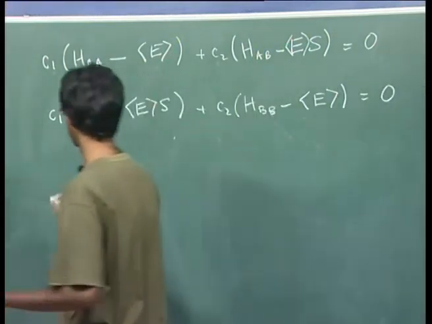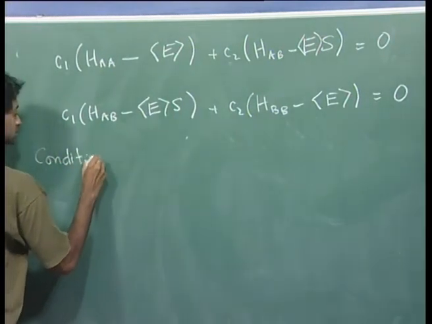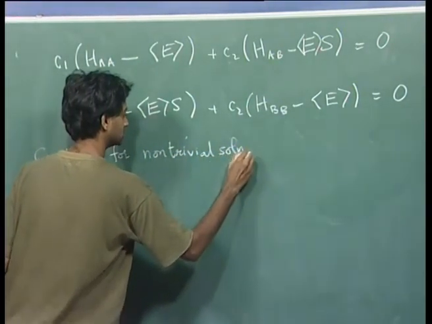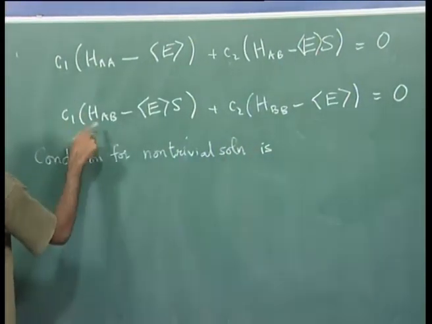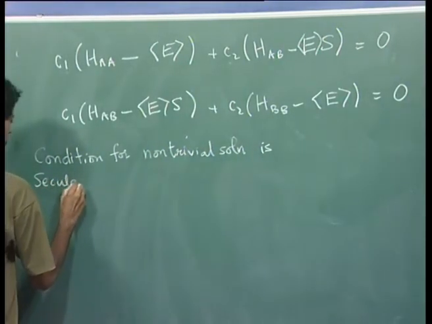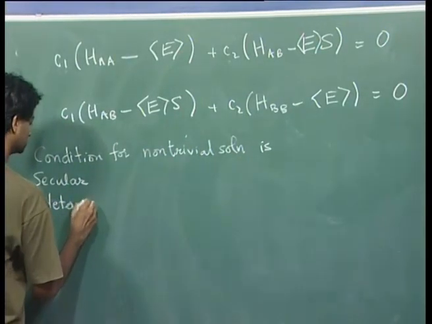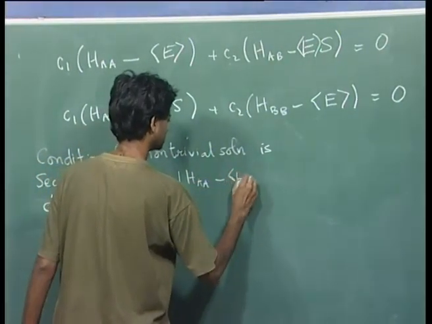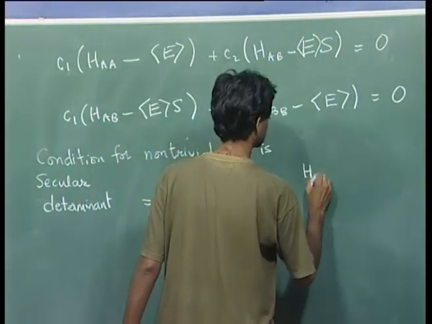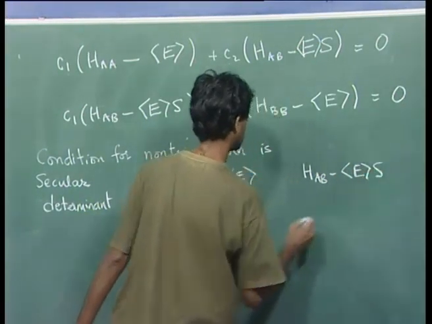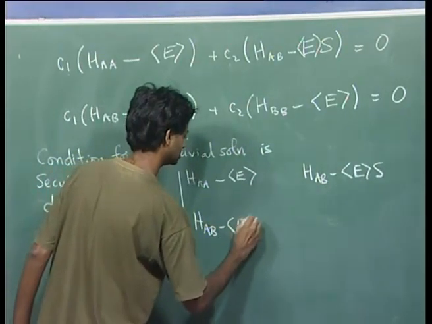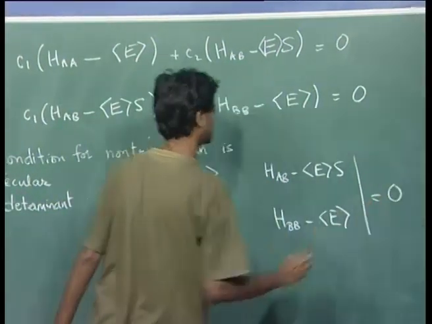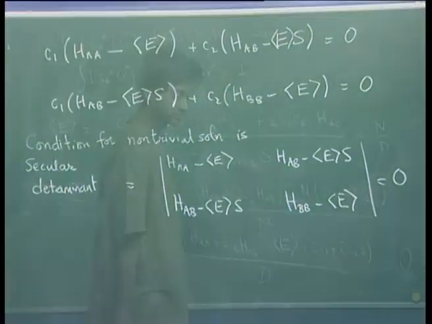So for a non-trivial solution, the condition is that this determinant, the secular determinant, with HBB minus E, has to equal 0.